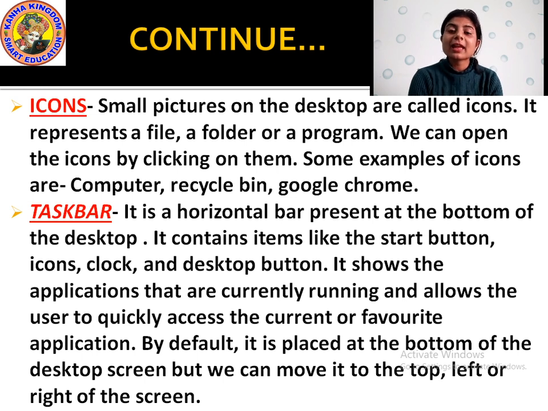Whatever work we are doing is shown in this taskbar, and when we minimize or close the work page that we are working in, we can quickly access it. Quickly access means we can again quickly open the page that we are working in from this taskbar.